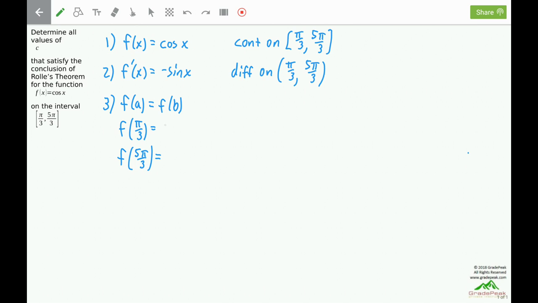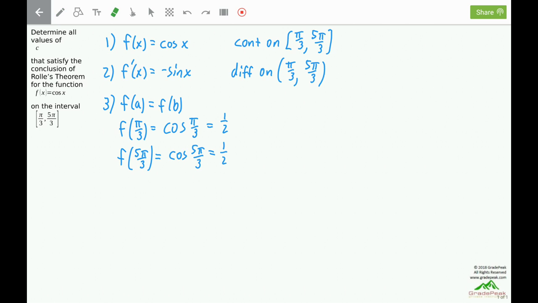These are evaluated by plugging them into the function cosine of x. So f of pi over 3 is the cosine of pi over 3, which is 1/2. F of 5 pi over 3 is the cosine of 5 pi over 3, which is in the fourth quadrant of the unit circle. In the fourth quadrant, cosine is once again positive, and this is the pi over 3 equivalent in the fourth quadrant, so it's once again a positive 1/2.